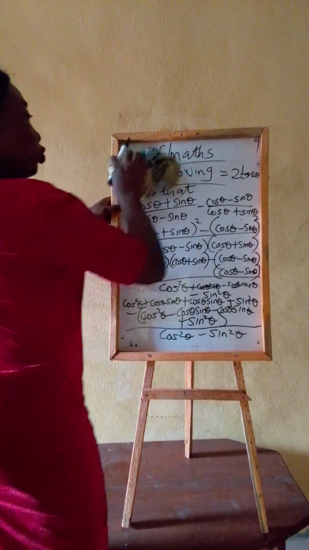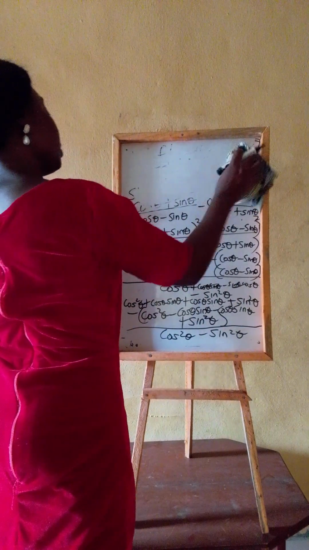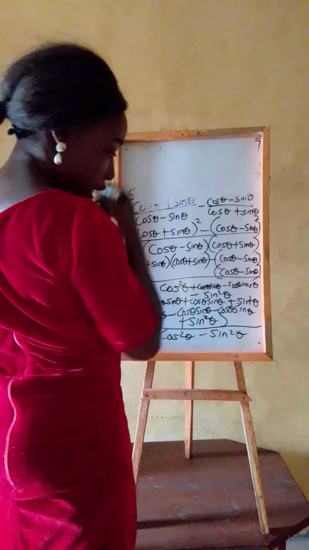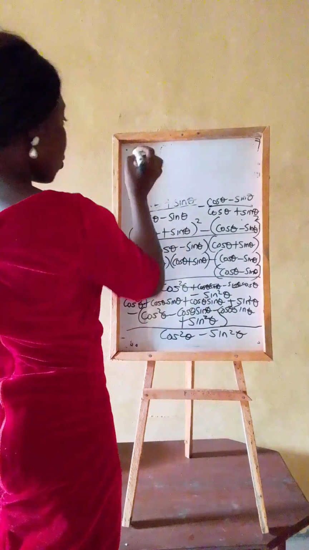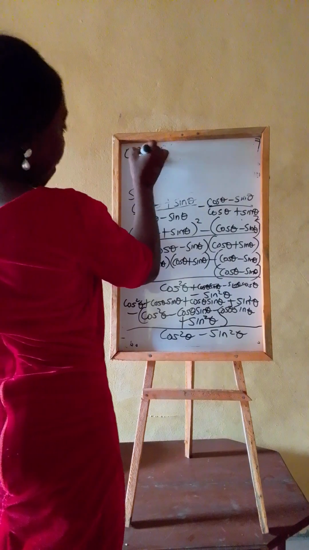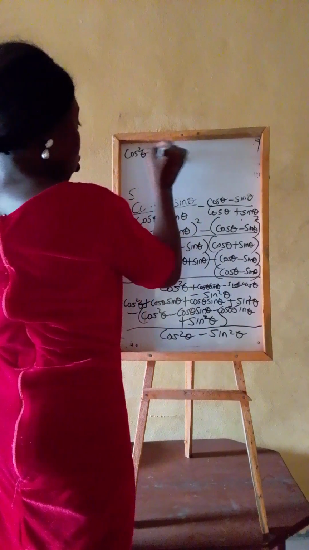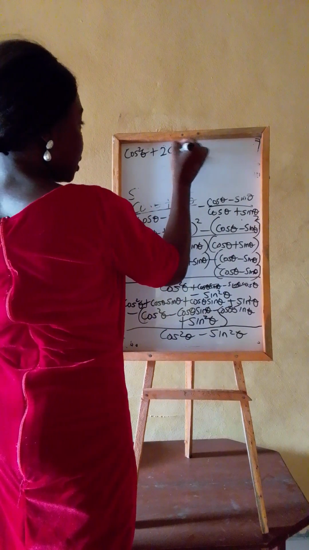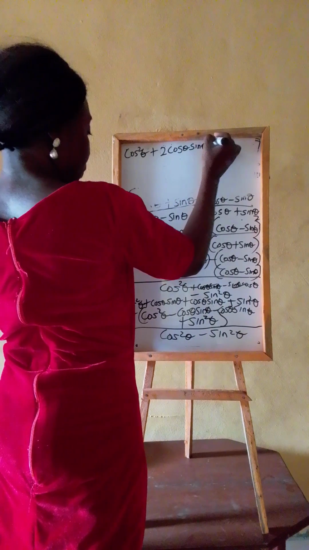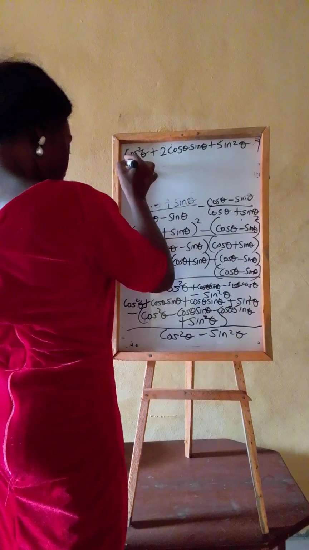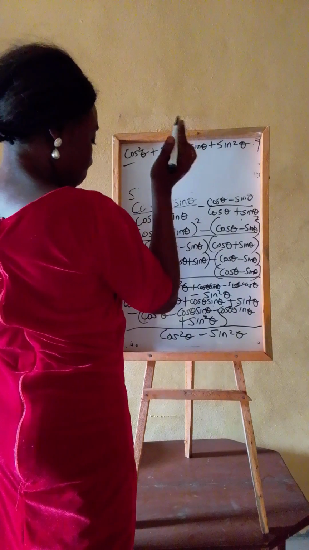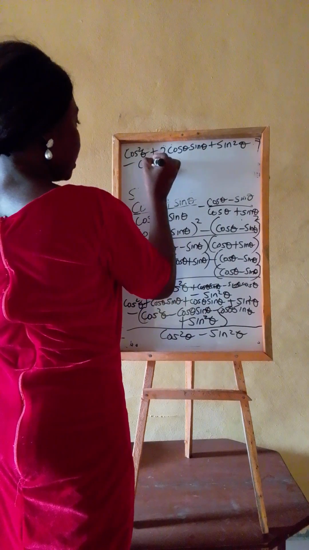So the next thing we'll do is, we have cos square theta plus 2 cos theta sin theta plus sin square theta, minus cos square theta.